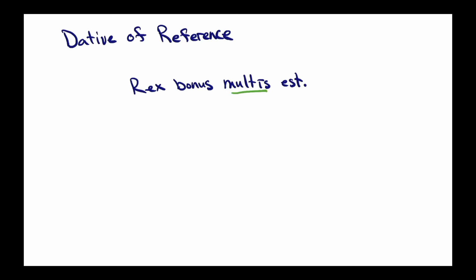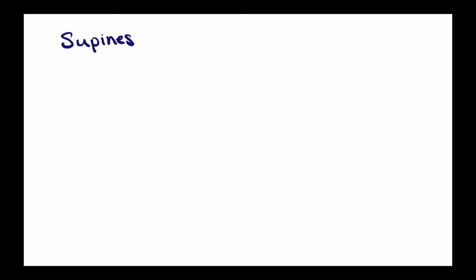Okay, let's go ahead and move on to supines. The important thing to know about supines is that they're formed with the perfect passive participle, also known as the fourth principal part, except they're only going to appear in the accusative or ablative singular, and not just as the accusative or ablative singular, but on top of that, as a fourth declension noun.